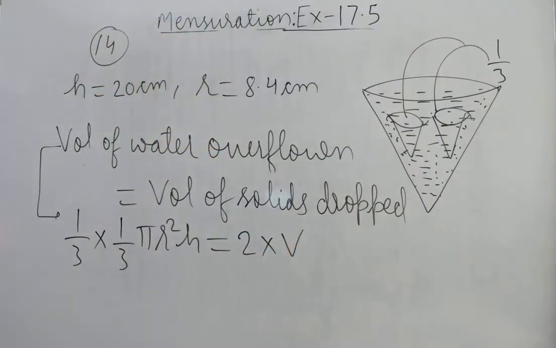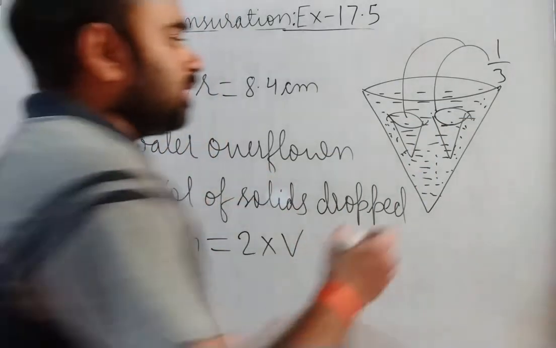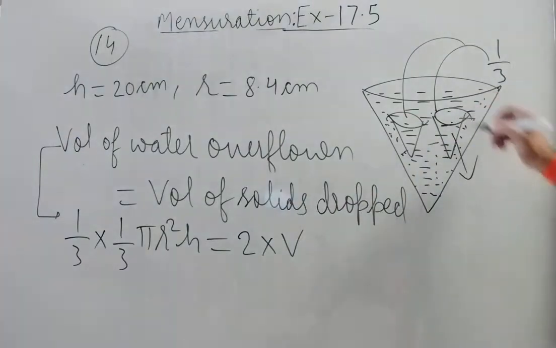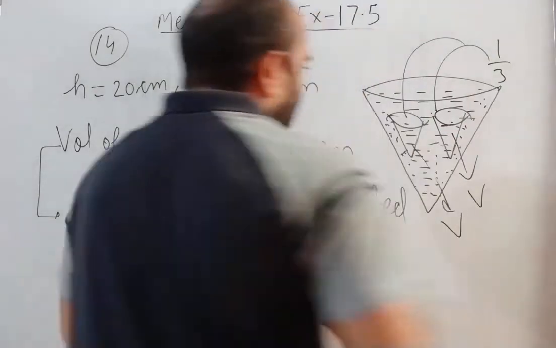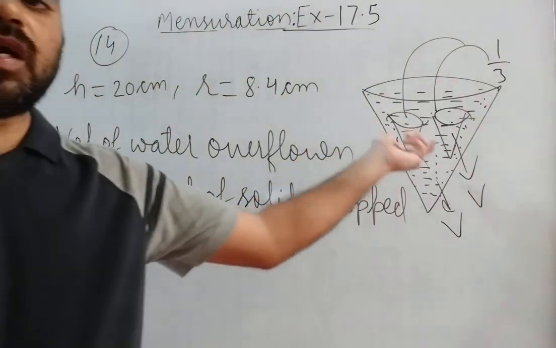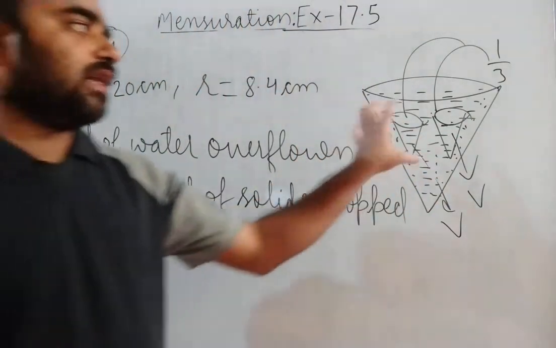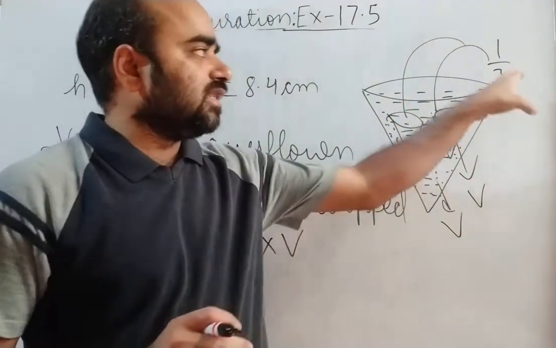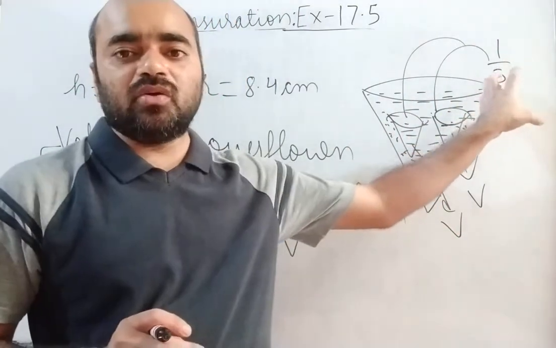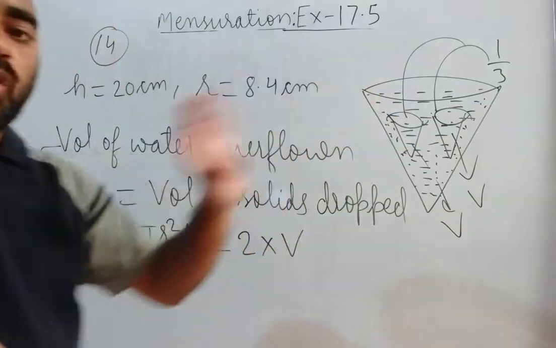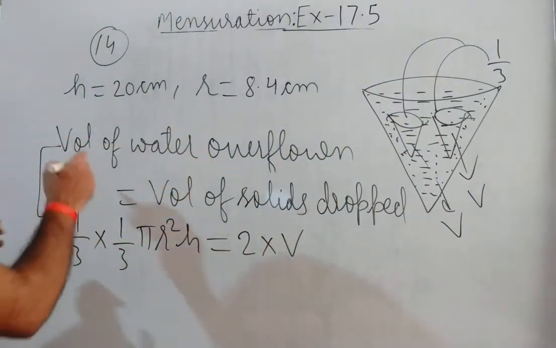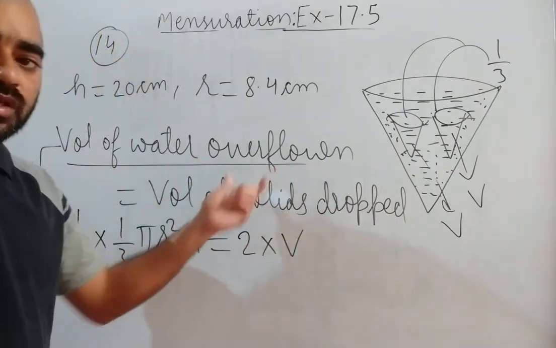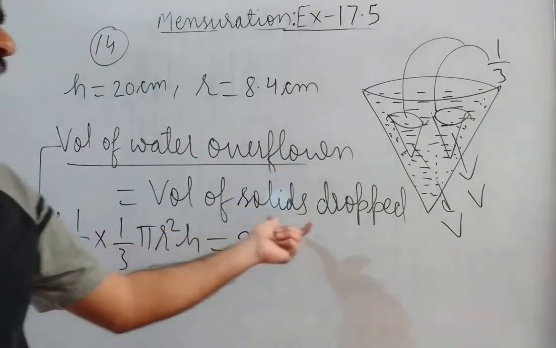Here what we have done? Suppose for one cone the volume is V. Correct? And what is given? When two equal solid cones are dropped into the vessel, they are completely submerged. As a result, 1/3 of water in the original vessel is overflown. So what is the concept? Volume of water overflown is equal to volume of solids dropped.